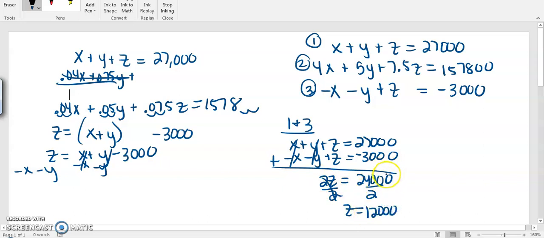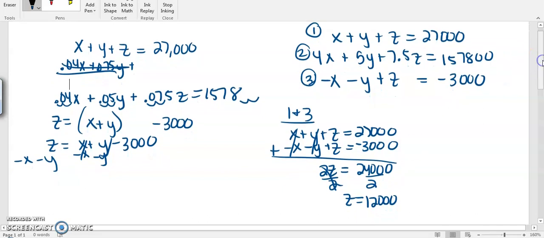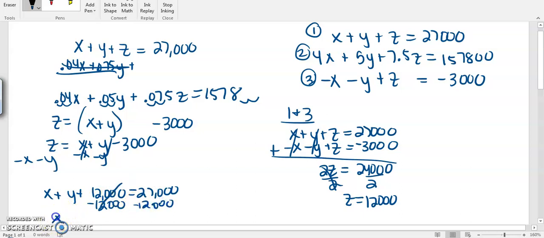And so we know that z now is 12,000. So our first equation is basically x plus y plus z, which is 12,000, equals 27,000. And if you subtract 12,000 from both sides, you get x plus y equals 27,000 minus 12,000, which is 15,000.